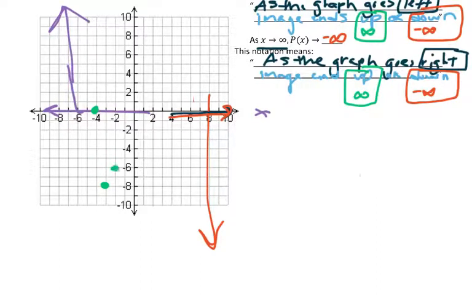There it is. -1, 0. 0, 4, so over nothing, up 4. Over 1, up 0. And then 2, -18, so down here somewhere. And then -5 is up here somewhere.